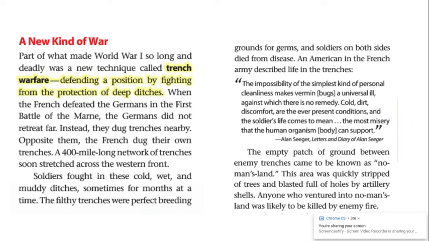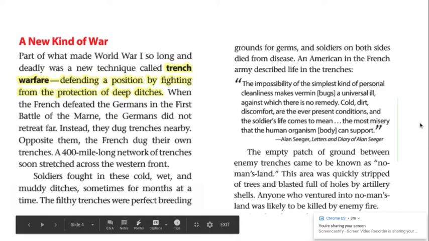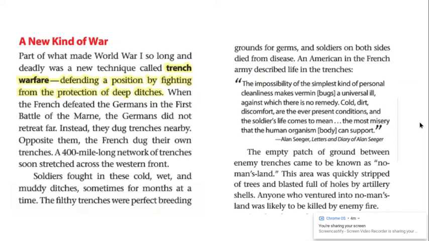Cold, dirt, discomfort are the ever-present conditions, and the soldier's life comes to mean the most misery that the human organism can support. The empty patch of ground between enemy trenches came to be known as no man's land. This area was quickly stripped of trees and blasted full of holes by artillery shells. Anyone who ventured into no man's land was likely to be killed by enemy fire.